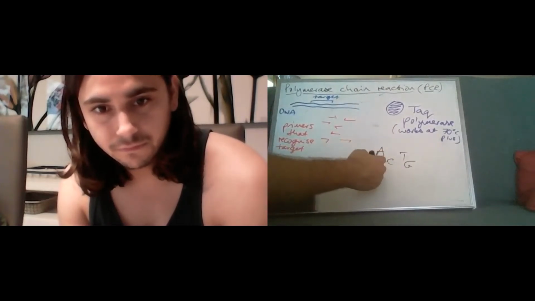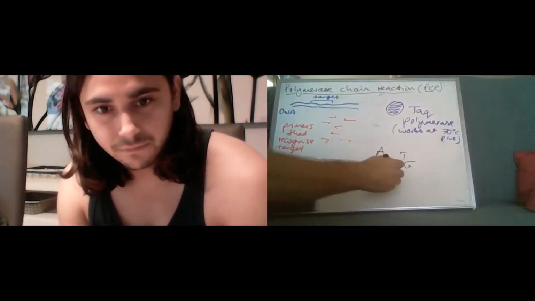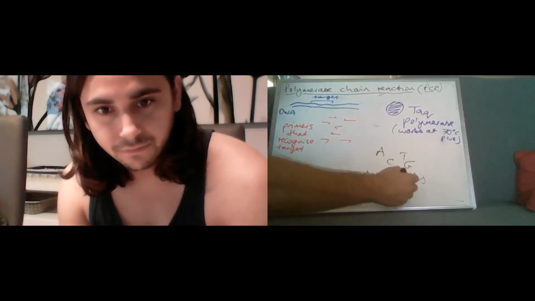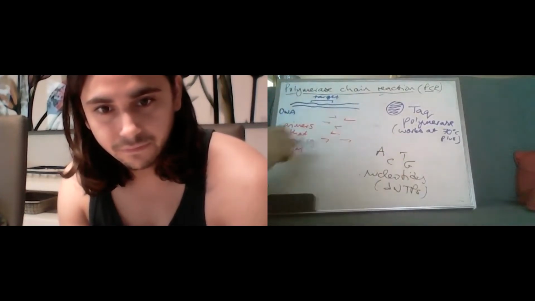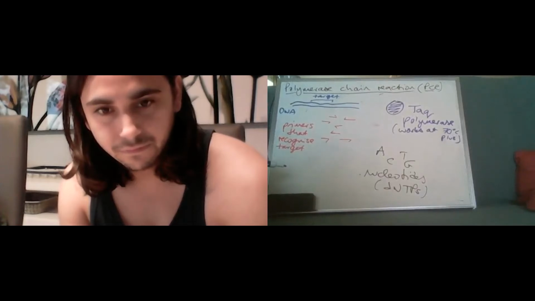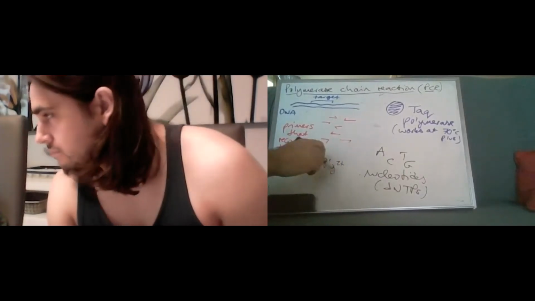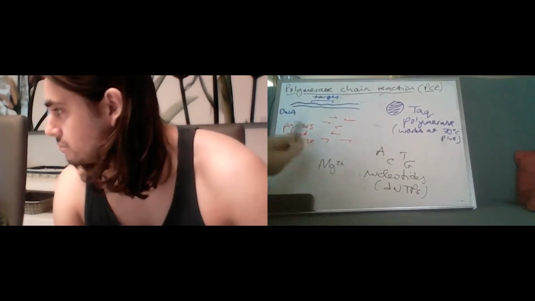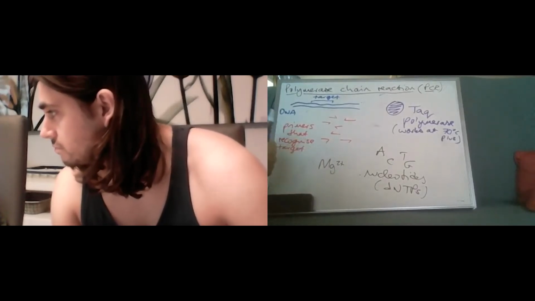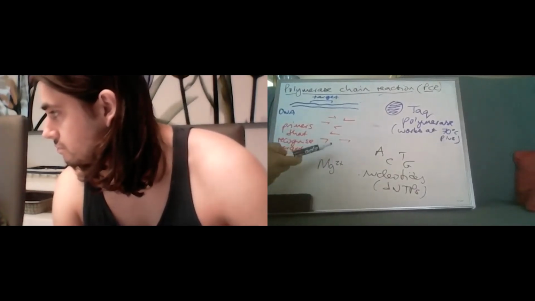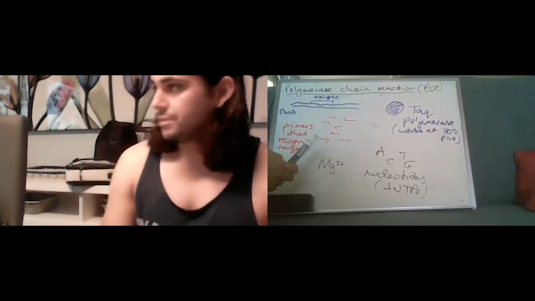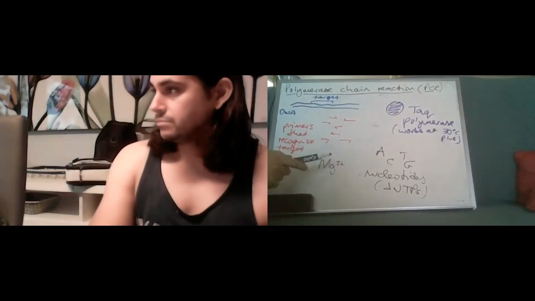And we need nucleotides, colloquially called dNTPs. Oh, and also some magnesium in the buffer. Those are essentially the components that we need for PCR. It's a little bit like cooking.